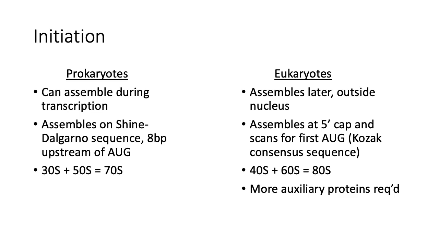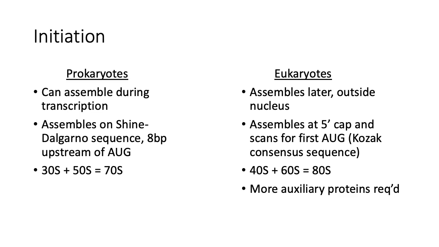So the Shine-Dalgarno sequence is immediately upstream of the start codon, and that sequence is where the ribosome assembles. And because the ribosomes are bulky and large enough, it actually is on the AUG when it assembles on the Shine-Dalgarno sequence.